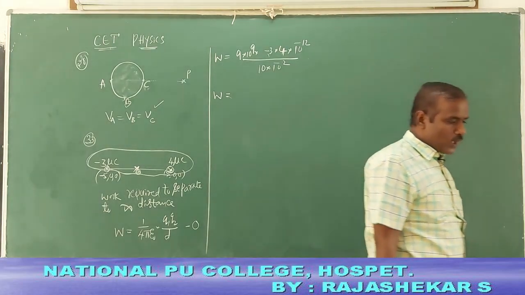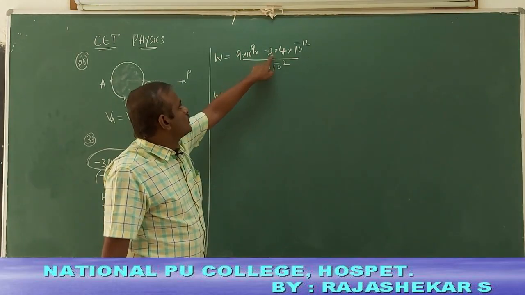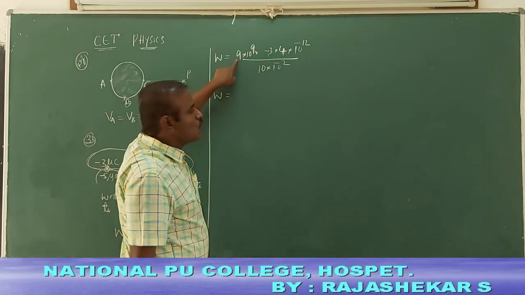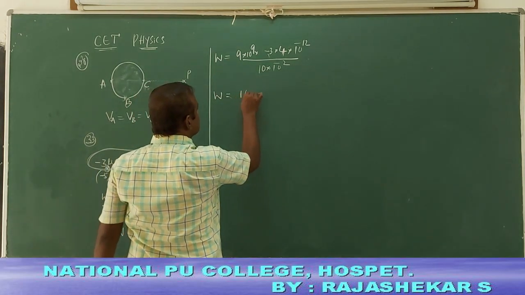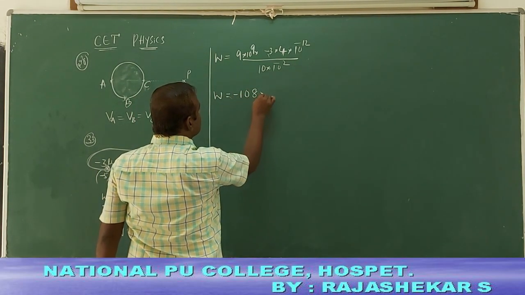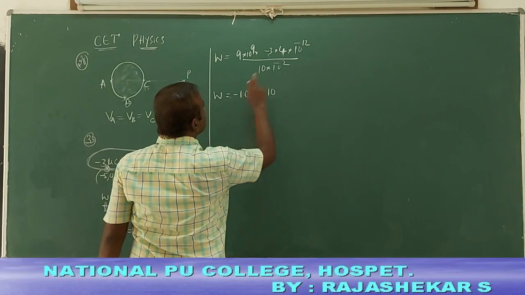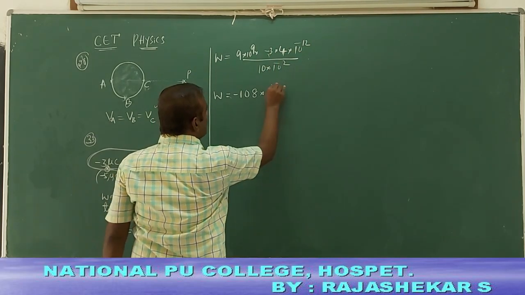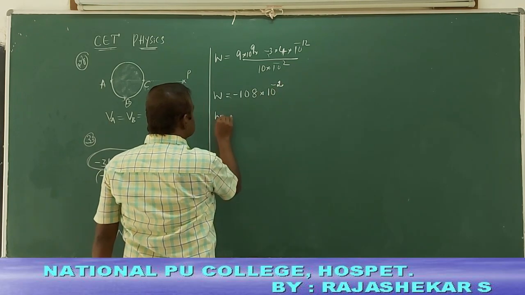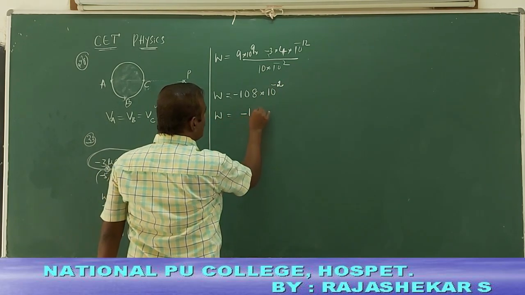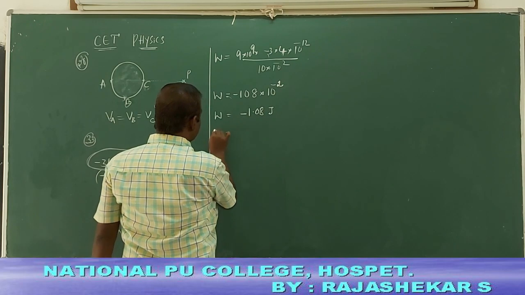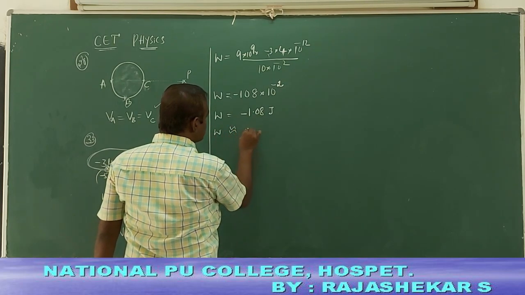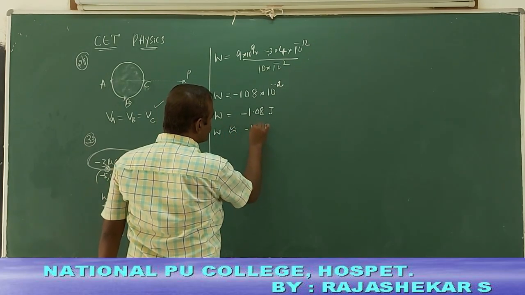This is what you have to simplify. 3 4s are 12, 12 9s are 108 with minus sign into 10 to the power minus 3 plus 1 minus 2. This is minus 1.08 joule. According to the given options, it is nearly minus 1.1 joule, friends.